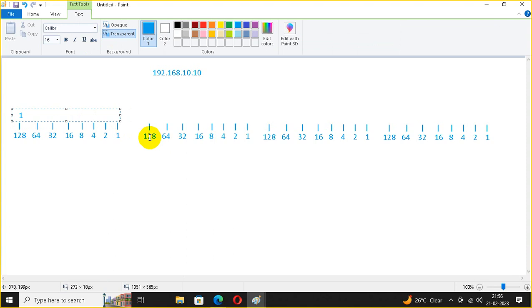So for the figure we require, I will take one only, and the rest will be 0. Clear?